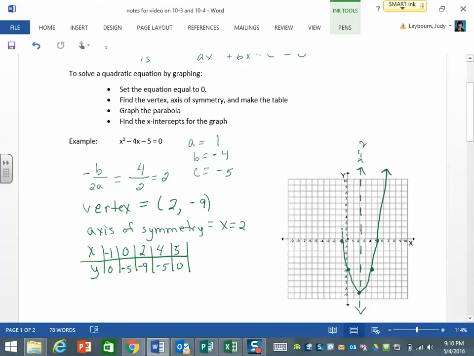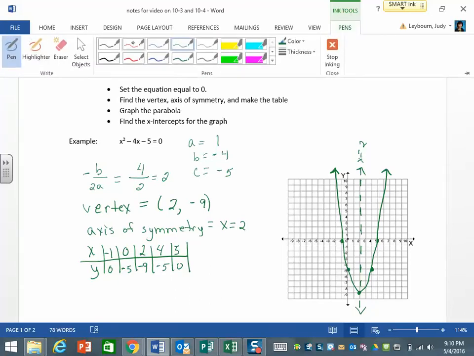Remember, we want to use our entire coordinate plane. So there's the graph, and as we said, we want to find the x-intercepts. Sometimes they will be points that you have found for your table. Other times they will not.